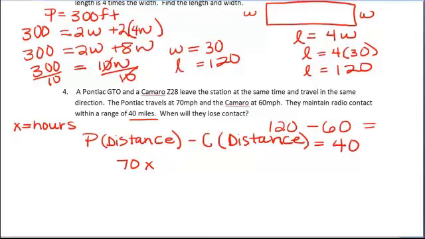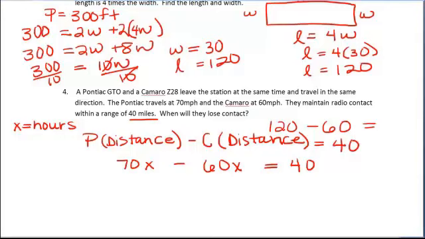So 70 times x will give us the distance of the Pontiac, minus the distance of the Camaro, which is 60 times x. And we want to see when the difference of these two equals 40.